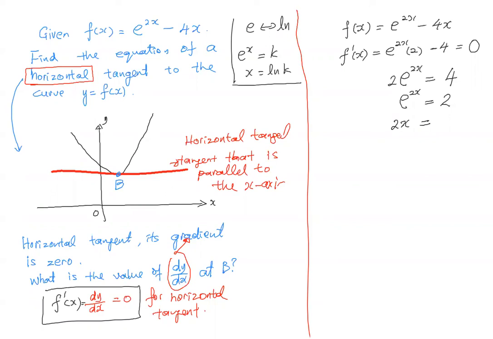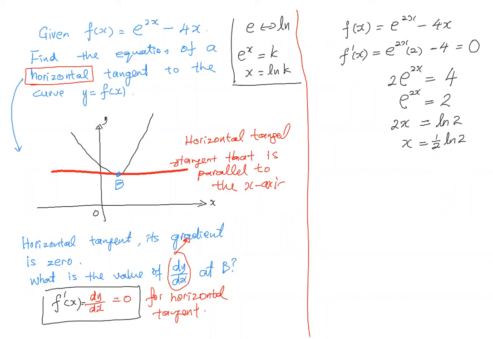Safwan? Yes. So 2x equals ln what? Ln 2. So what is my x? Ln 2 over 2. Yeah, so we try to write half ln 2, okay? Are you clear? Okay, so now horizontal straight line.